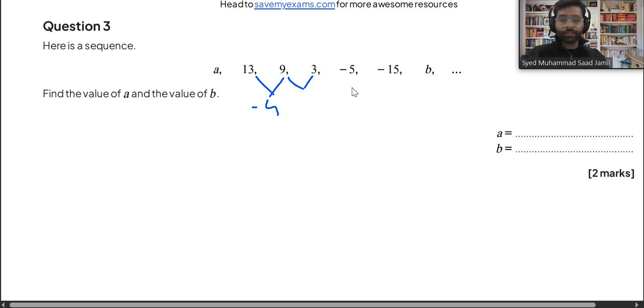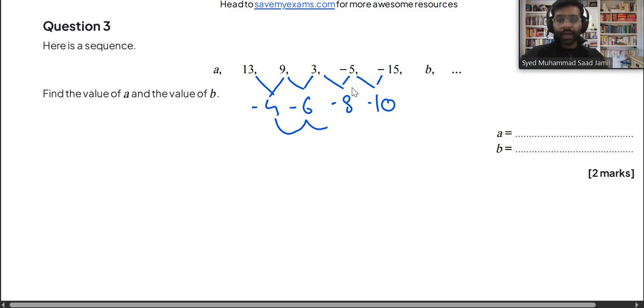What is 3 minus 9? Negative 6. Then we have 3 minus 8 is negative 5. Then we have negative 5 and negative 15, so the difference is negative 10. So if you look at it, the numbers are getting bigger.